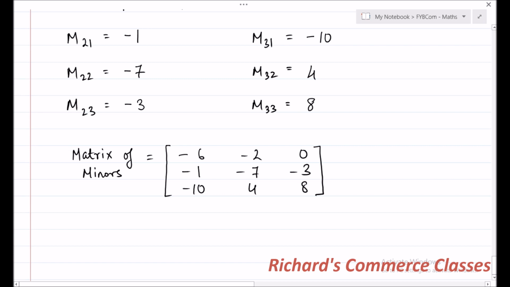Pause the video here if you want, and this should be your matrix of minors. Compare your solution and check.